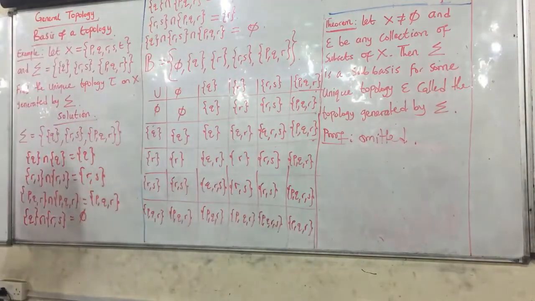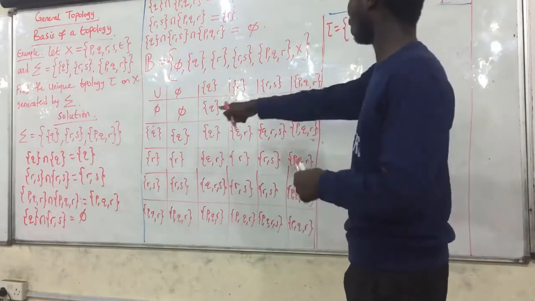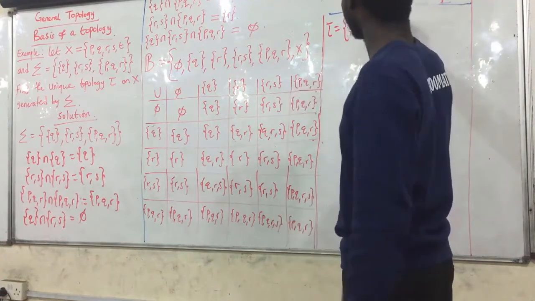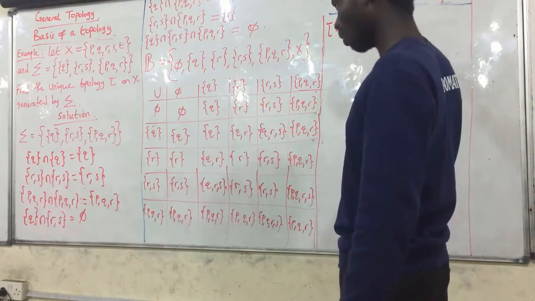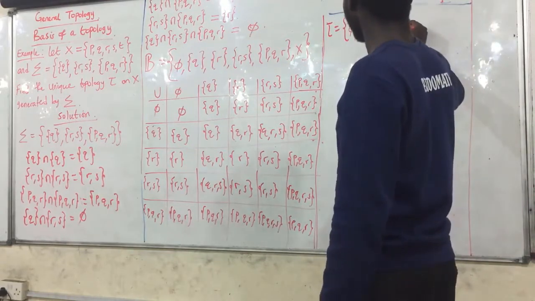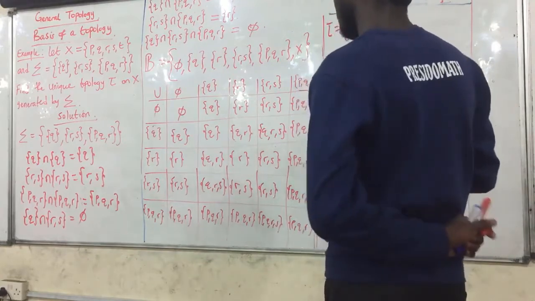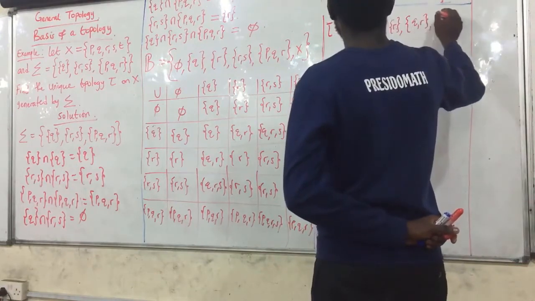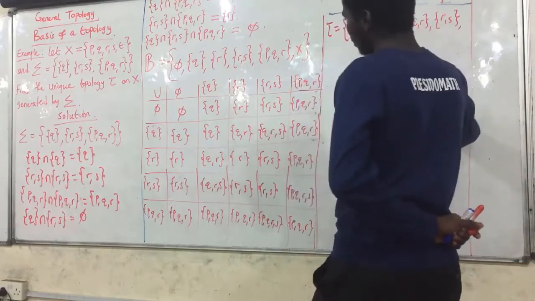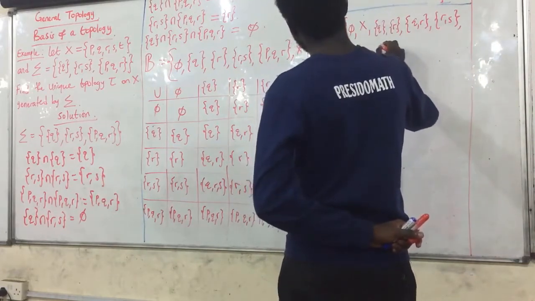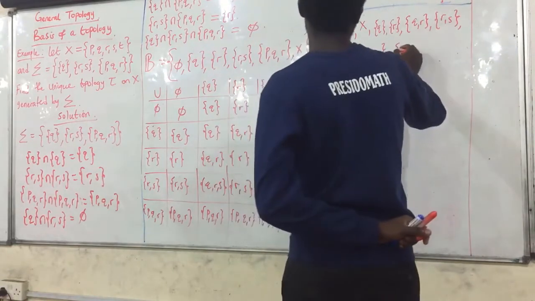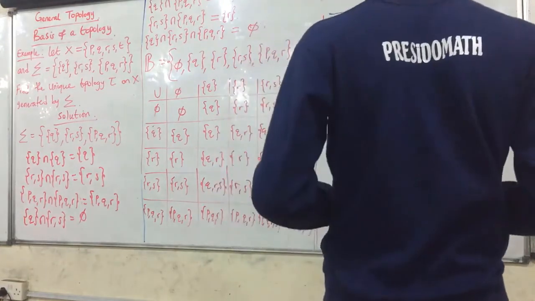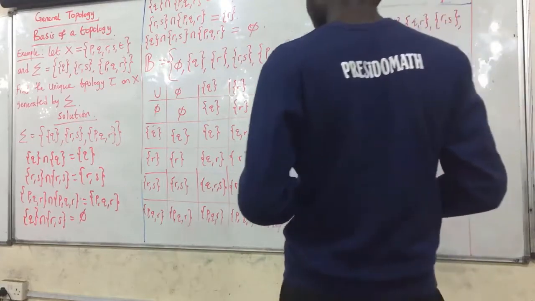Do you know that we are not through like this? The topology we are going to have, of course you can see, we have the empty set, we have the whole set, we have Q, we have R, we have QR, we have RS, we have PQR, we have QRS, then we have PQRS.